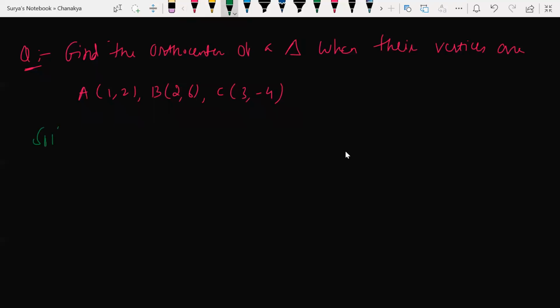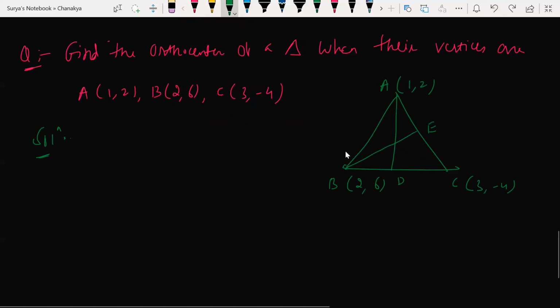Just look at it. It's very simple. Let us draw a triangle now. This is triangle ABC. A is 1, 2, B is 2, 6, C is 3, -4. Let us draw a perpendicular to this. Let us call this D. This is E. This is F. Understand my point?